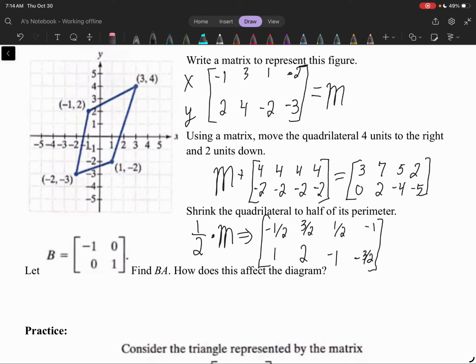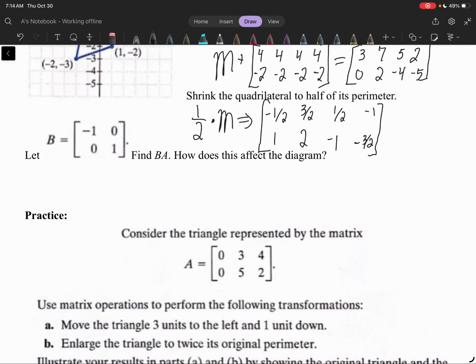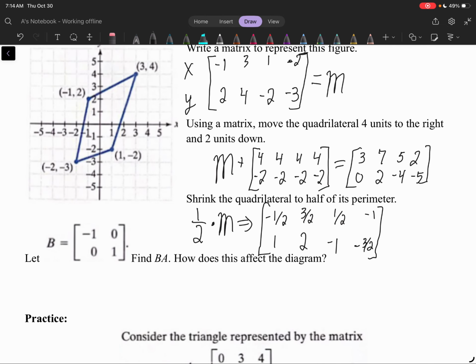That has half the perimeter of the original quadrilateral. Let B be that matrix. Find BA. How does this affect the diagram?